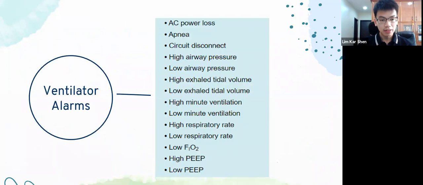These are the common ventilator alarms that appear, such as AC power loss, apnea, circuit disconnect, high and low airway pressure, high and low exhaled tidal volume, high and low minute ventilation, high and low respiratory rate, and low FiO2.